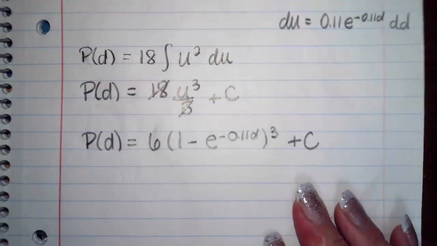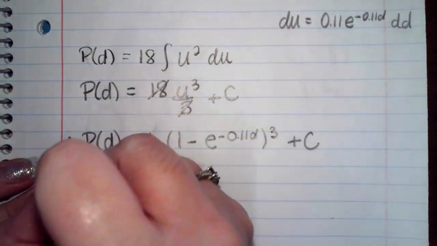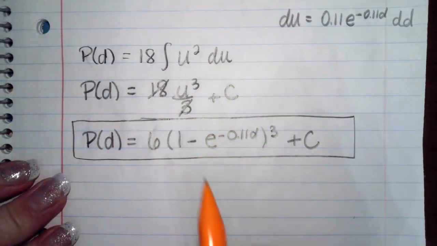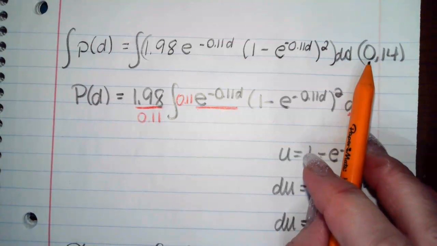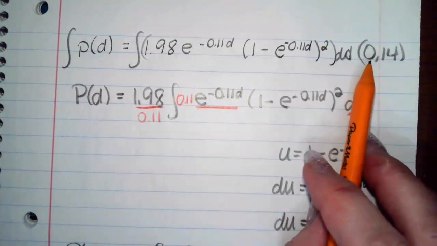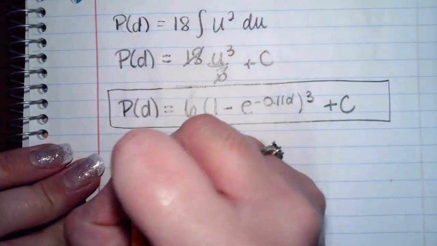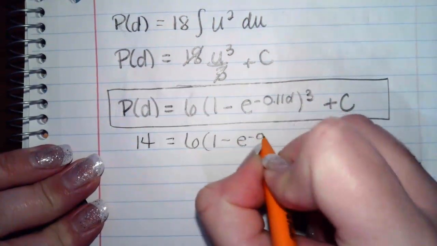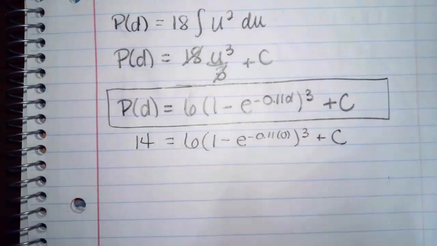Okay. So now what do we have? That's our final answer. But we're told to find out if zero experience produces 14 items. So we're going to put 14 equals 6 times 1 minus e to the negative 0.11 times 0 to the third plus c.